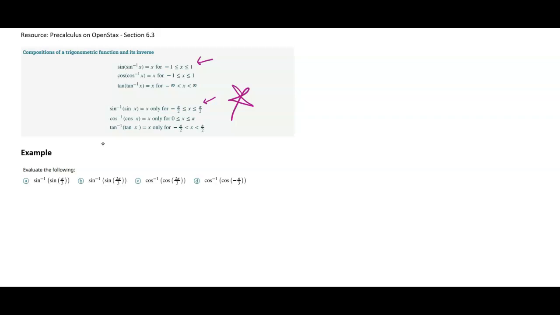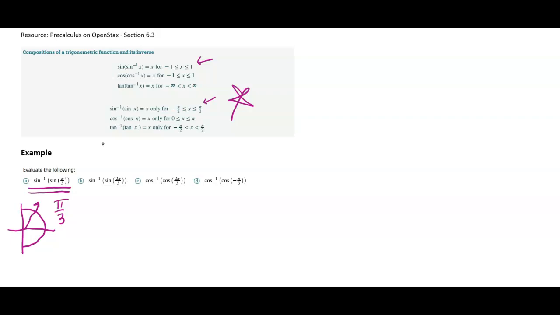So if I need to find the inverse sine of the sine of pi over 3, since pi over 3 is in this domain here, and I like to remind myself on the unit circle that I'm right here, in quadrant 1, then I'm good to go. These basically just cancel each other out, and I get pi over 3.